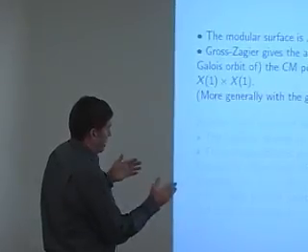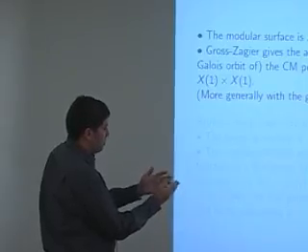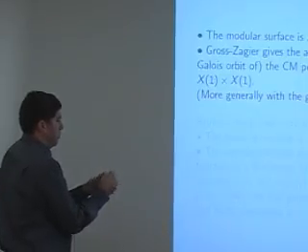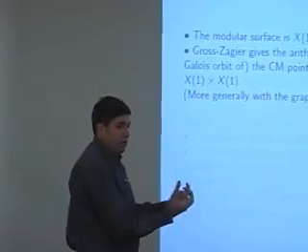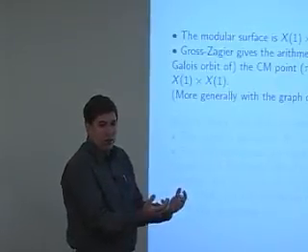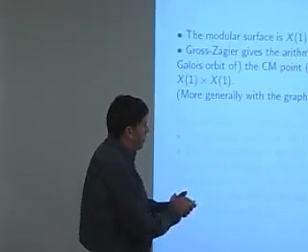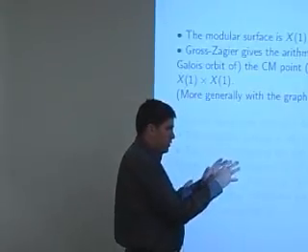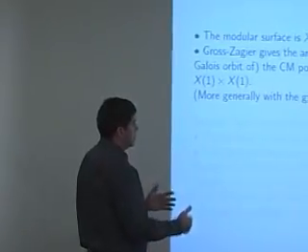And taking the intersection is really counting for each prime p, or looking for each prime p, whether the two elliptic curves associated with tau 1 and tau 2 become isomorphic or not. But that means that J tau 1 is congruent to J tau 2 mod P. Okay, so they can translate the issue of looking at such a product of J tau 1 minus J tau 2 into an arithmetic intersection number.